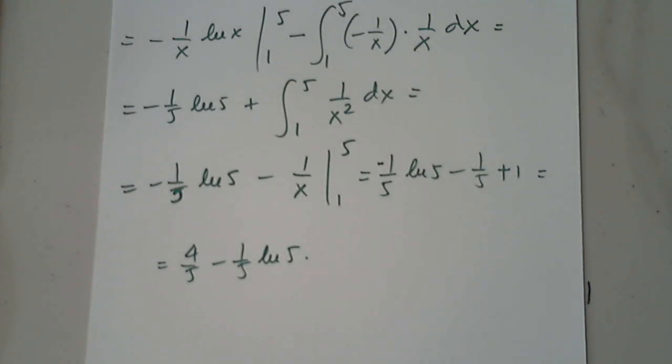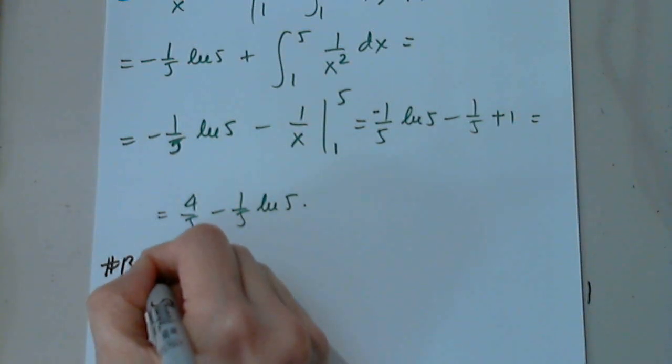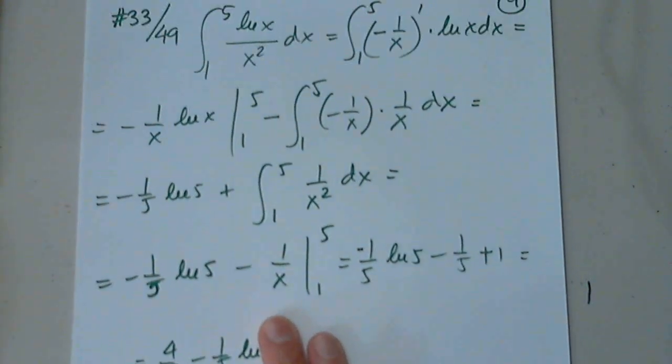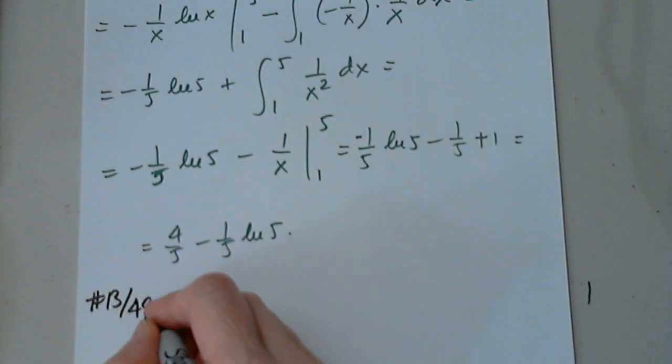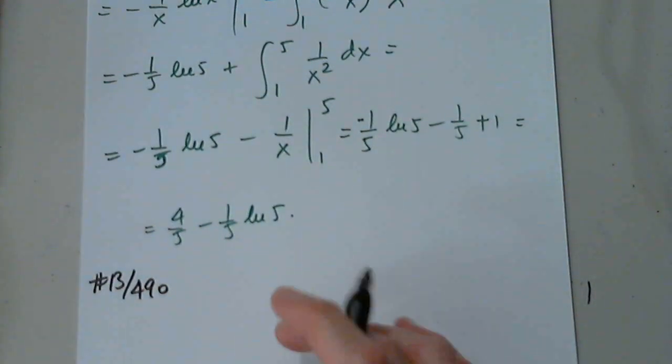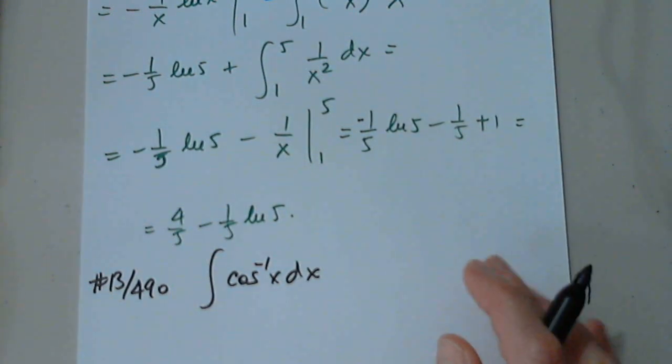Okay, so let's look at 13. I said 491 and I wrote 49. Sorry. So 490. The integral of cosine inverse x dx.